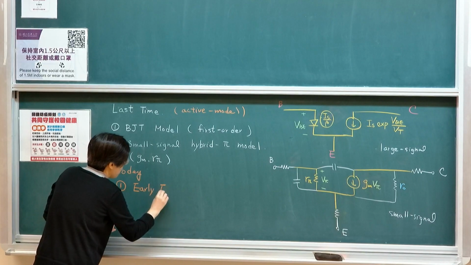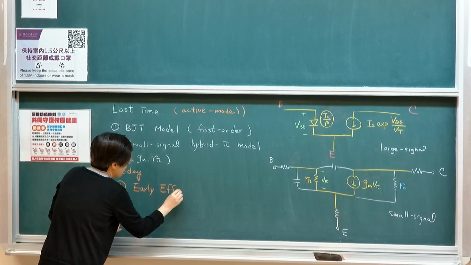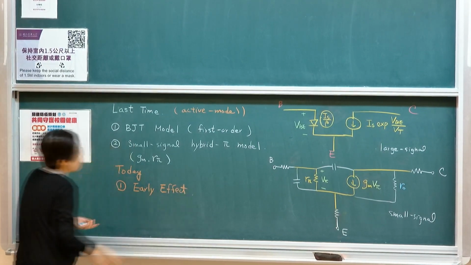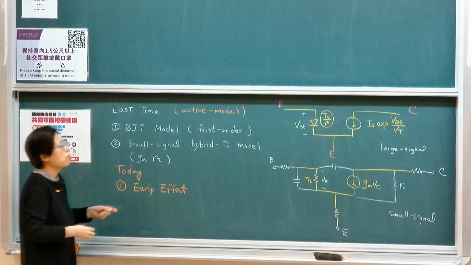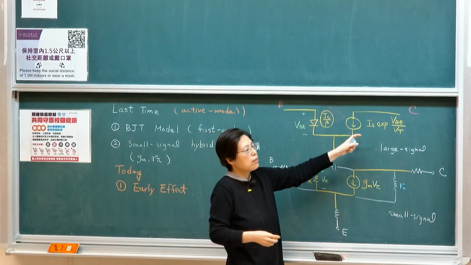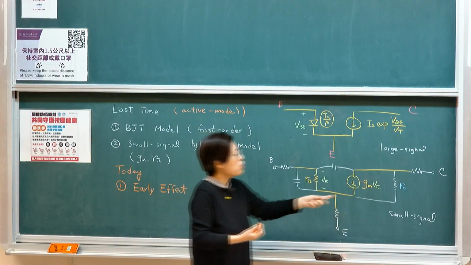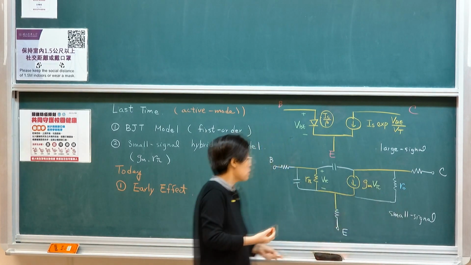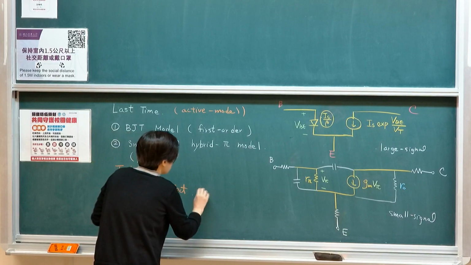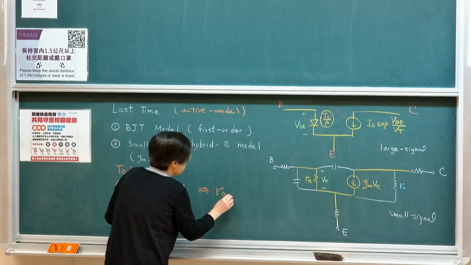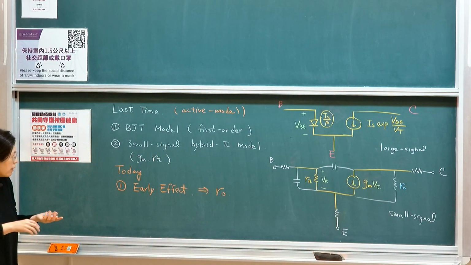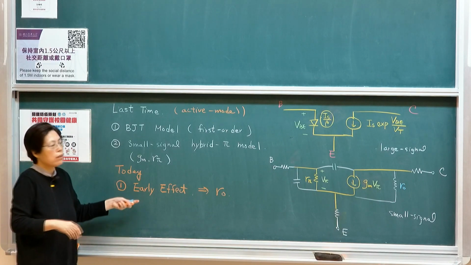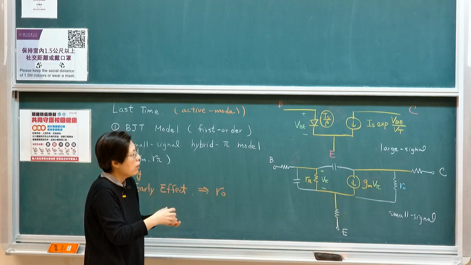So we're going to discuss secondary effects and their impact. The early effect leads to a non-ideal voltage controlled current source. This non-ideal current source then introduces a finite output resistance, which leads to the introduction of r_o. This is the only thing we're going to address as the second order part.